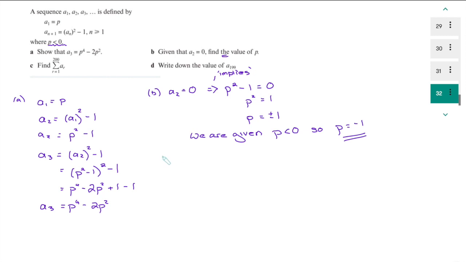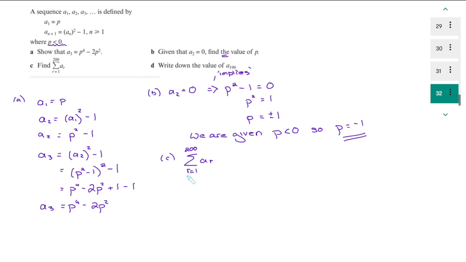So C, we've got to find the sum from r equals 1 to 200 of a r. Right, so at the moment it's a bit hard to see what's going on here.